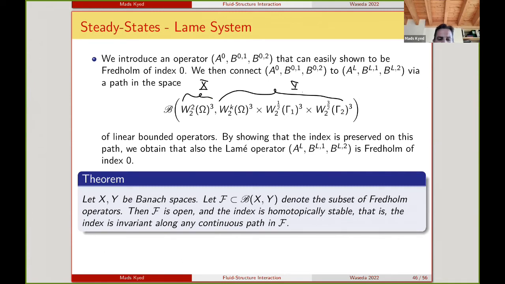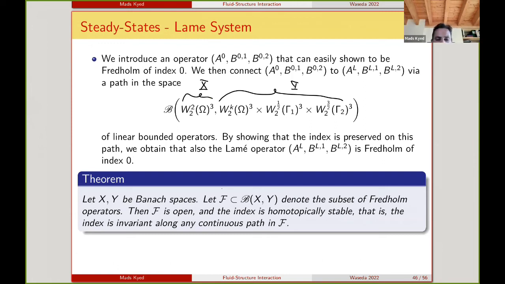no, sorry, I have to quote the theorem correctly. I just have to read what the theorem says. So let F, calligraphic F, denote the full subset of Fredholm operators in the space of bounded operators. Then this set is open. So the component of Fredholm operators is an open set. Okay, we know that.